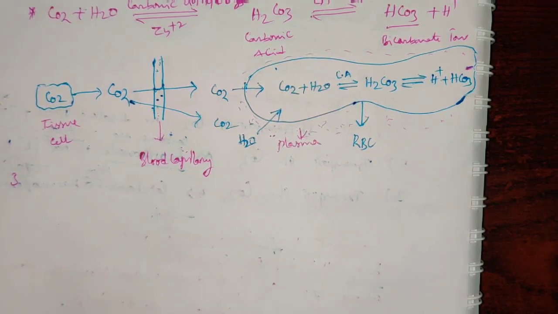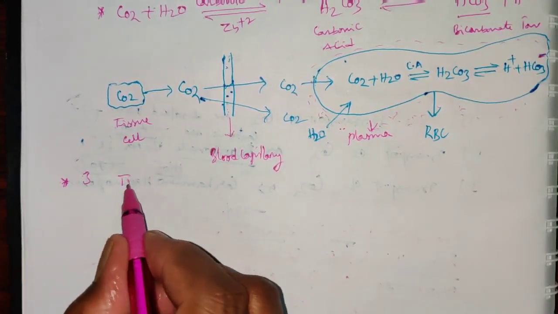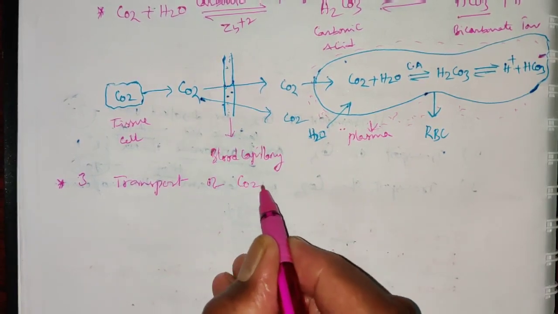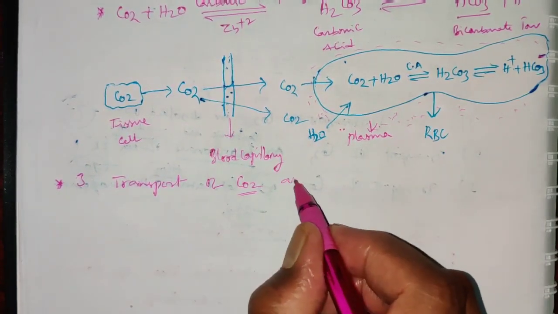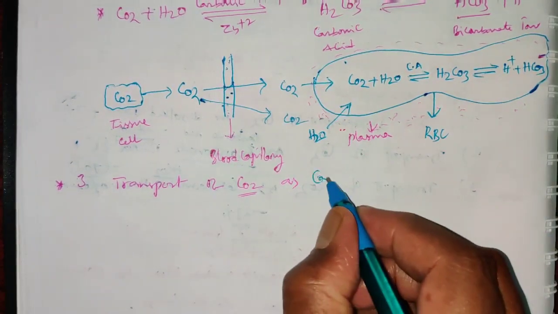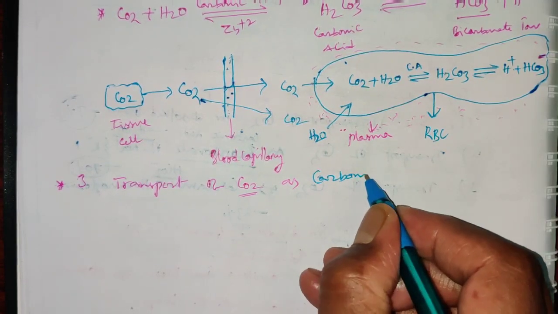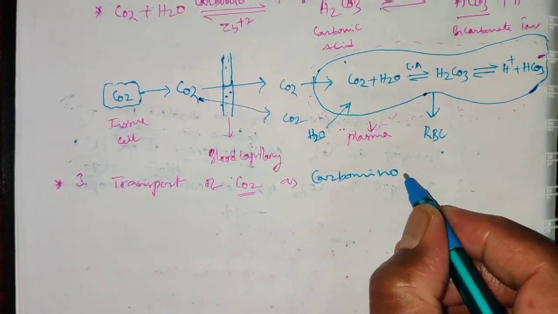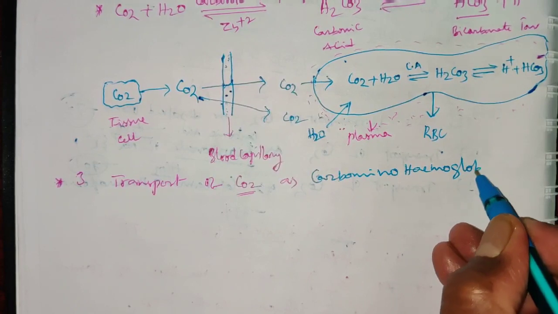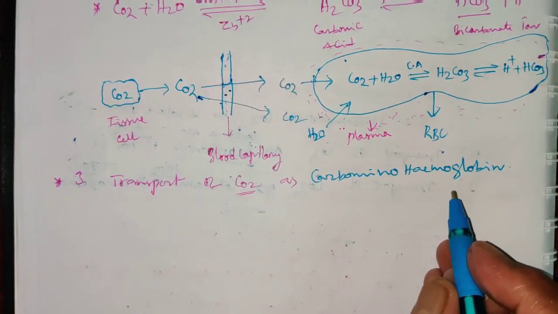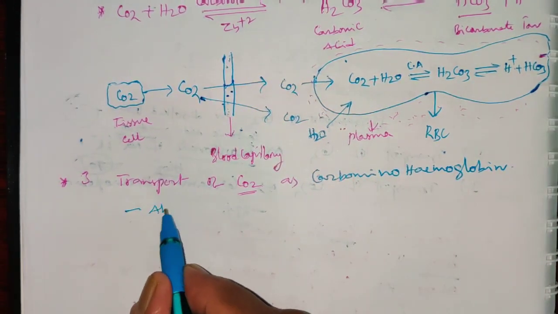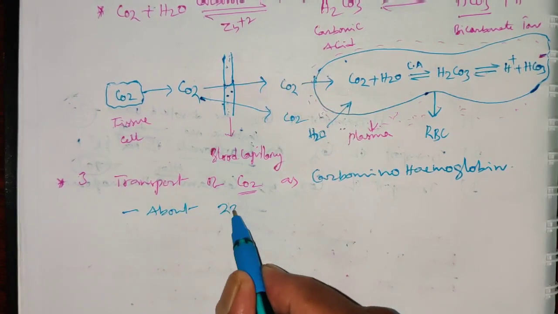Now the third form of transport of carbon dioxide is as carbaminohemoglobin. It is about 23%.